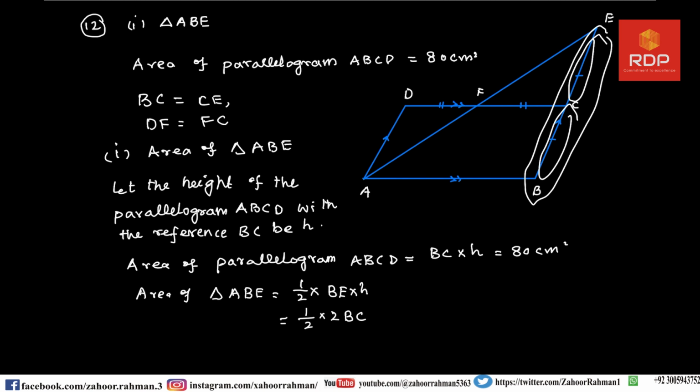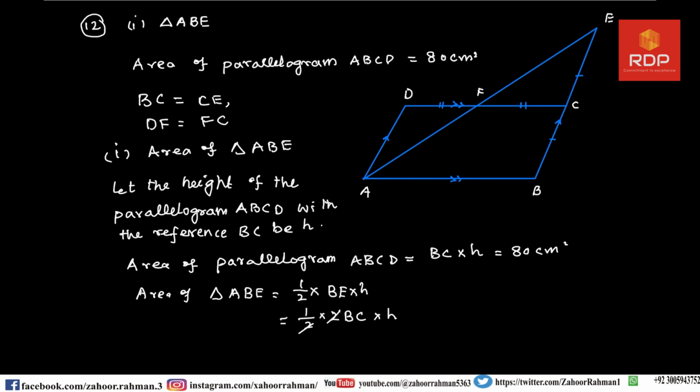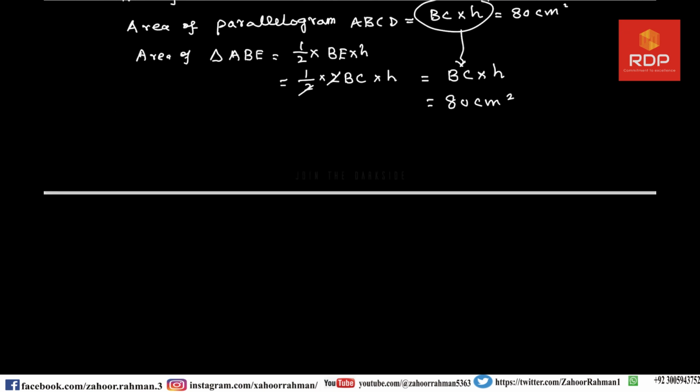So we are writing 2BC instead of BE, into H. This 2 will be cancelled with this 2, so we will only be left with BC into H, and that is equal to 80 centimeter square from this. So we are putting the value of this inside that, so it will be equal to 80 centimeter square.